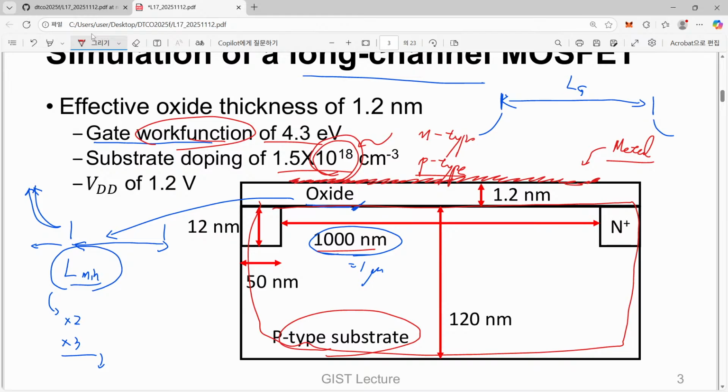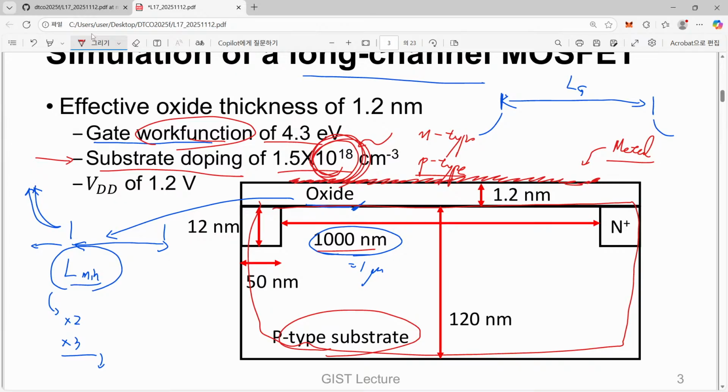Therefore, we had to change the substrate doping to control the threshold voltage. That's the reason why we have quite a high density of substrate doping, and that introduces a lot of problems in the variability case, because we used substrate doping as the main knob to control threshold voltage.